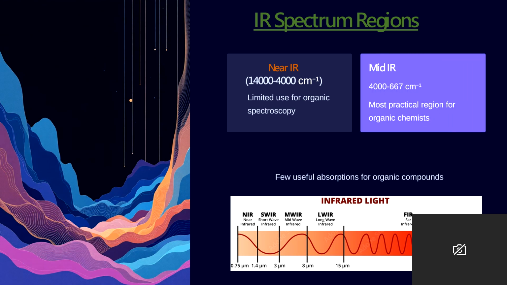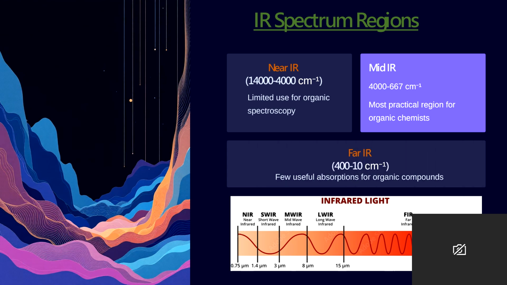Next is mid-IR region, which ranges from 4,000 to 700 centimeter inverse, and most of the functional groups absorb in this mid-IR region. Next is far IR region, which ranges from 400 to almost 0 to 10 centimeter inverse, and almost none of the molecules absorb in the far IR region.